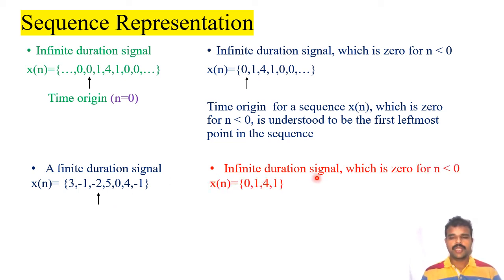And as a special case, if the signal values are 0 for n less than 0, something like this, you can represent the sequence x of n is equal to 0 1 4 1 etc. Okay, and here also we may have an arrow mark, but it's not compulsory to have the arrow mark. If there is no arrow mark, it is implied that the time origin is the leftmost point. Fine.